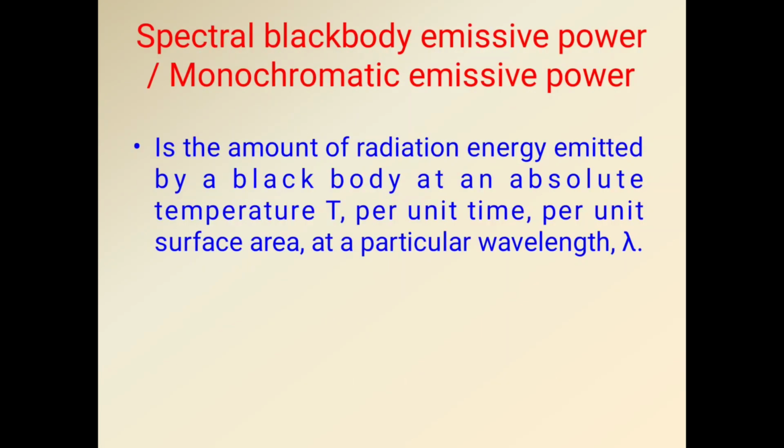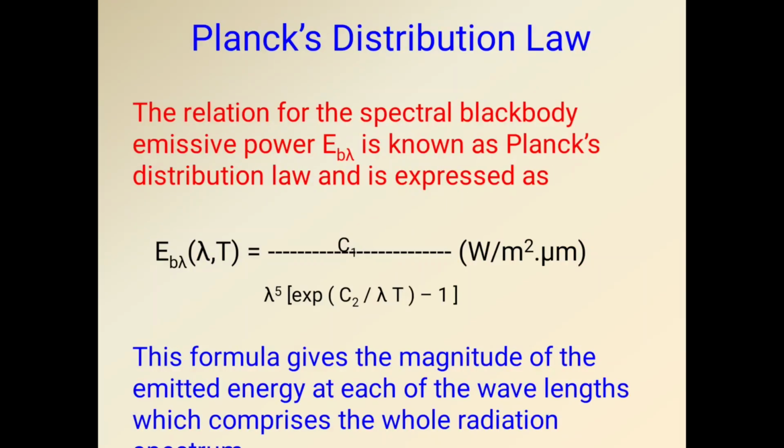Spectral black body emission power, also called monochromatic emission power, is the amount of radiation energy emitted by a black body at an absolute temperature T, per unit time per unit surface area at a particular wavelength lambda. Second is Planck's distribution law.